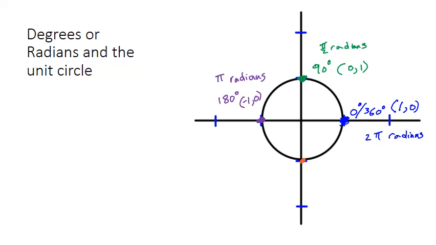This point is 270 degrees, and it is the point 0, -1, and 270 degrees is 3 pi over 2 radians. So this is the basic format for our unit circle, and we're going to build on that later on.